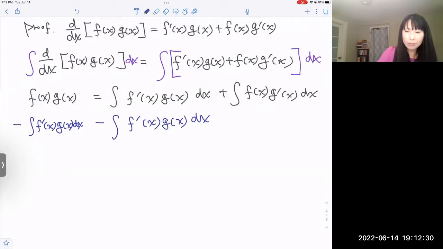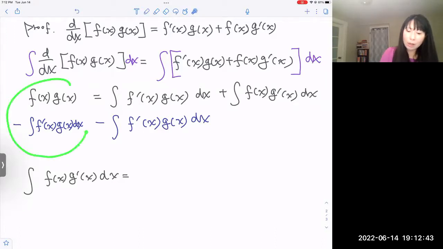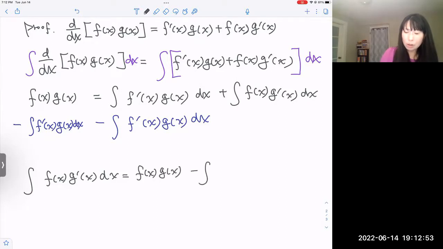Then we have f of x, g prime of x, dx equal to, I am writing down the left side. So we get f of x, g of x, minus integral of f prime of x, g of x, dx.